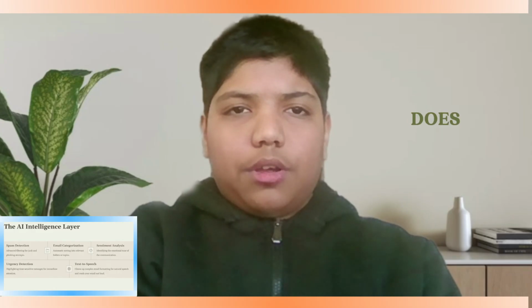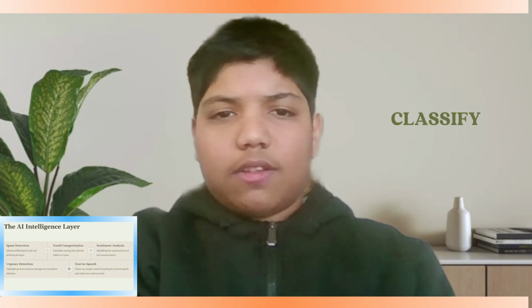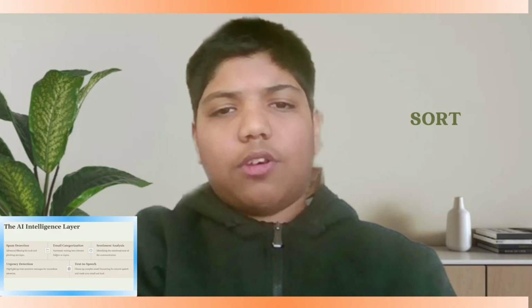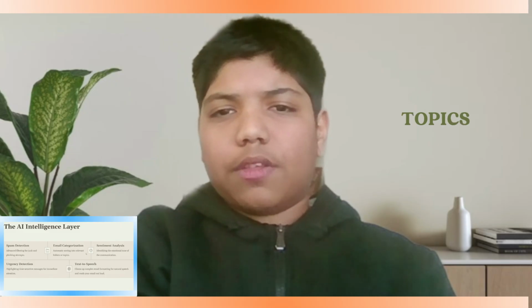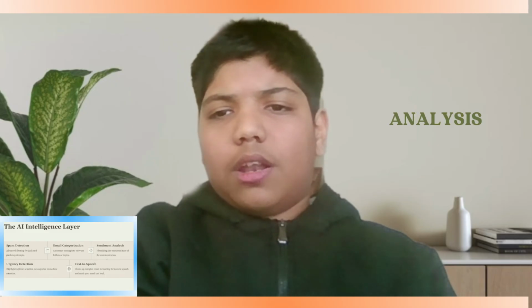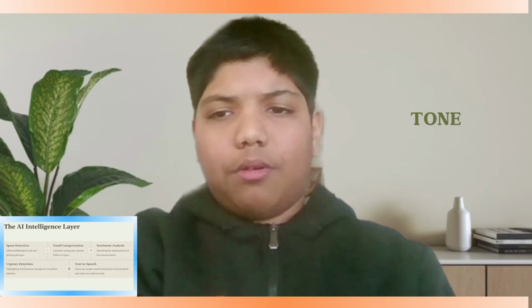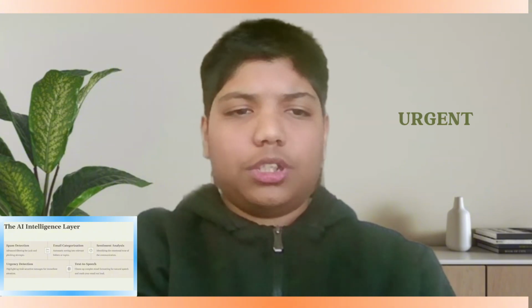So the AI part, what does the AI actually do? Spam detection: it checks if there are any spam emails you're getting, and if Gmail can't classify it, this AI will. Then email categorization: it can sort emails into relevant folders or topics. Sentiment analysis: it will understand if it's a happy tone, a sad tone, or if it's urgent.